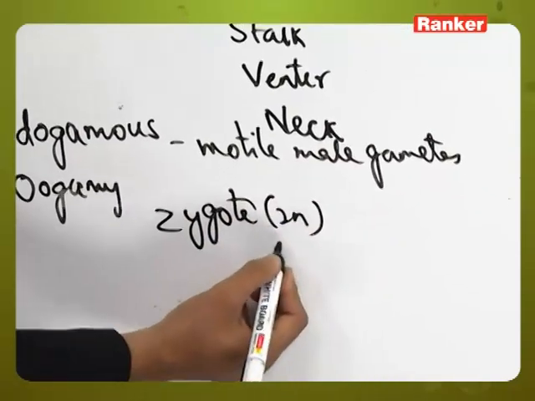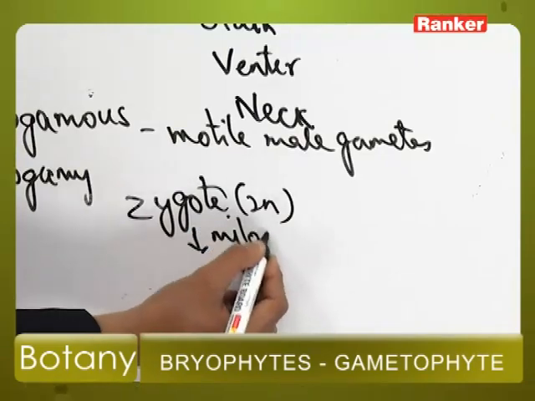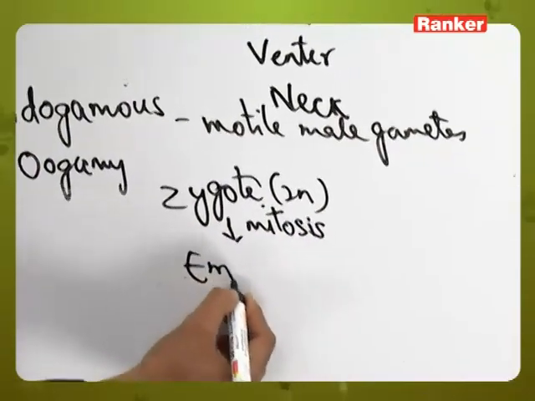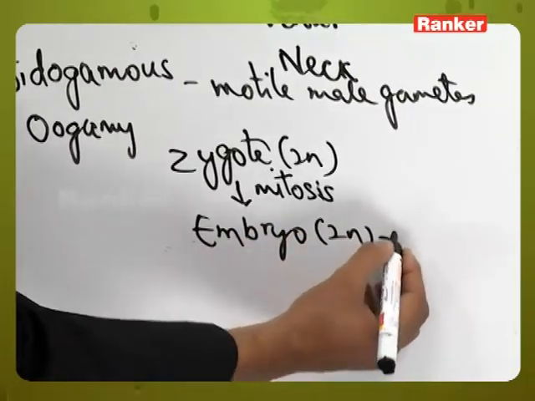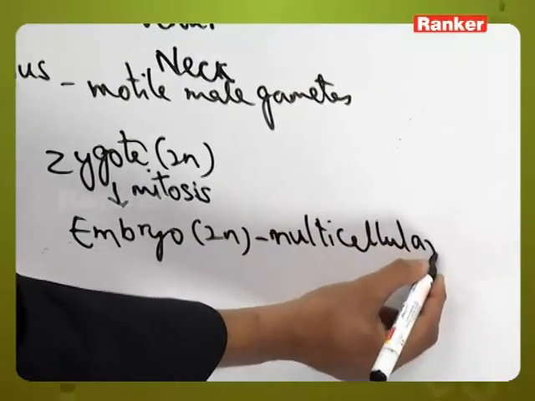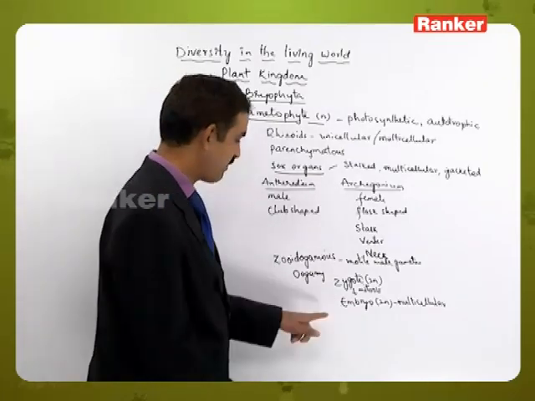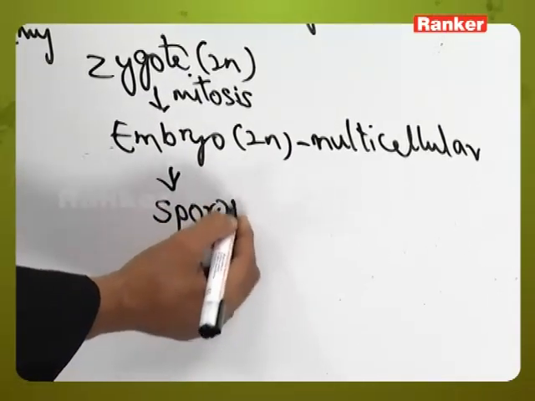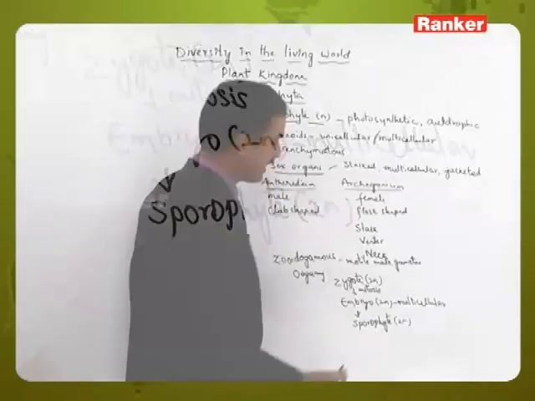This zygote, which is diploid and unicellular, will undergo repeated mitosis to produce the embryo. This embryo is also diploid and multicellular. The embryo, as a result of further growth and development, will form the next stage called the sporophyte stage, which is also diploid in condition.